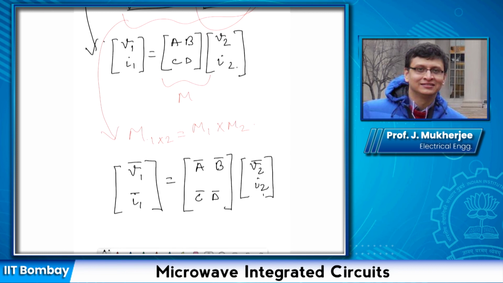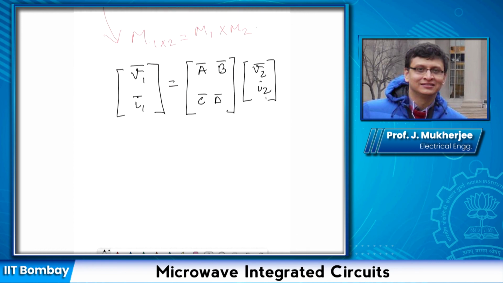We can now discuss the ABCD matrix for sample circuits. One is, say, a simple series impedance.